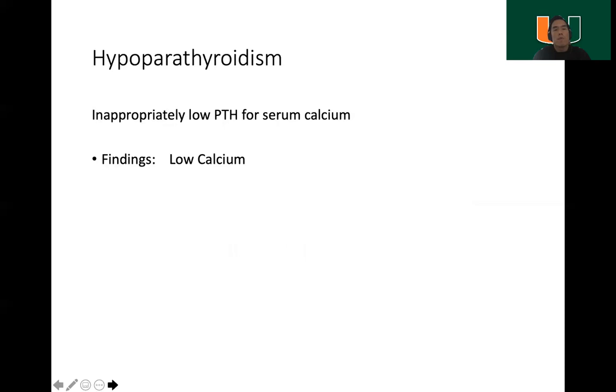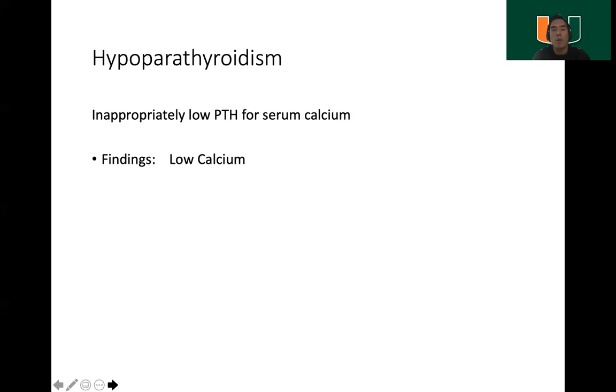So when we talk about hypoparathyroidism, I want you to know that most of the time you don't see a low PTH, right? You see a relatively low PTH for the level of serum calcium, which means that you can have a normal PTH, right, with hypocalcemia, but that's not normal for hypocalcemia, right?